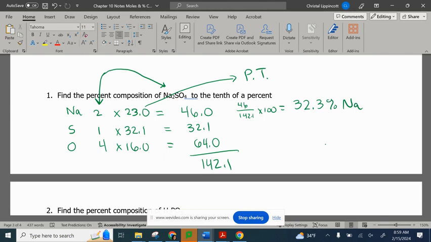Take this one. I go 32 divided by 142.1. 32.1. That ends up giving me 22.6% sulfur.